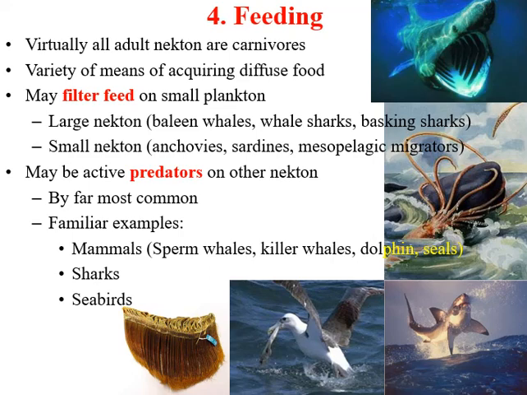There's a whole bunch of different things that are active predators. Some of them are these high efficiency swimmers, and others are the high performance swimmers. So one way or the other, there's some mechanism for nekton to be very good at feeding, whether they're doing it very efficiently or very high performance wise.